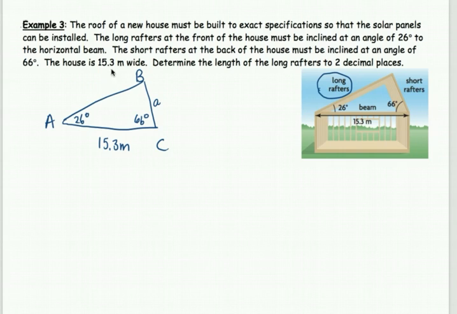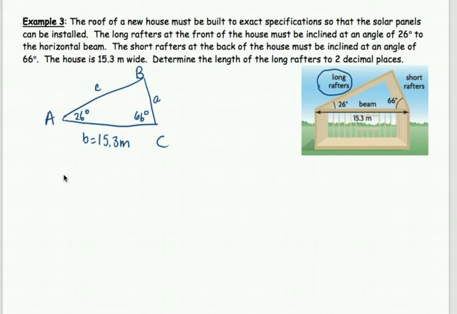So instead of calling this X, I guess we can call it C. And this is little b here. So sometimes when you have a diagram like this, write it separately with just the essential information, so it's a little easier to visualize. Because we have to find the side, we're going to use the formula where the little letters, the lowercase letters, are at the top. So the capital letters with the sine will be at the bottom.